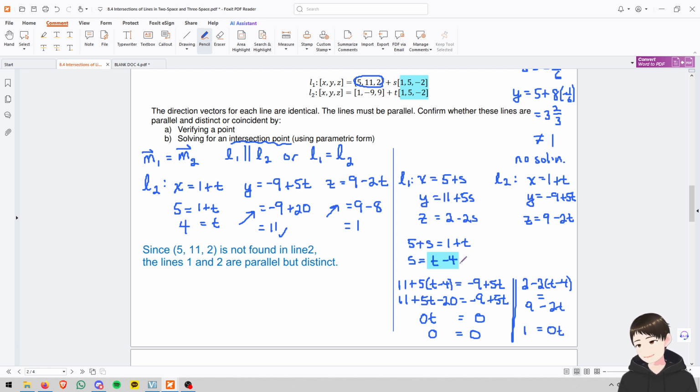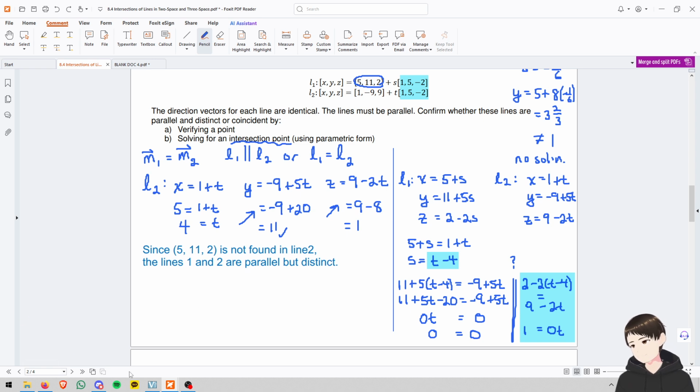What does that mean? s and t have a relationship, but for y, it could be any, and they will essentially intersect. But for z, it's impossible. There is no intersection for z. So it's a bit wonky. All you really have to do is look at this part and say, I don't care what x and y have to say, but there is no way the z's can be equal because 1 cannot equal 0. Okay, so therefore it is parallel but distinct.